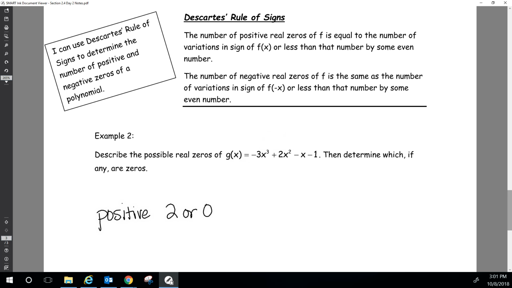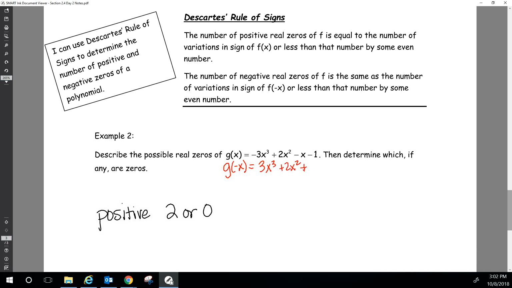And then Descartes said to find your negatives, you're going to plug in g of negative x, and figure out how many times that changes signs. So if I've got an odd degree exponent, it's going to change my sign. If I have an even degree exponent, my sign is going to stay the same. So here's odd, I change the sign. Even stays the same.